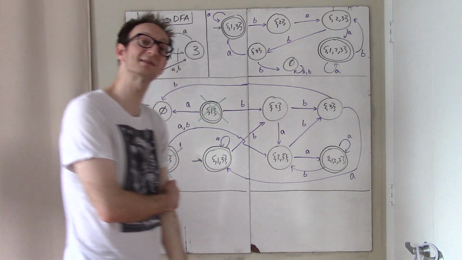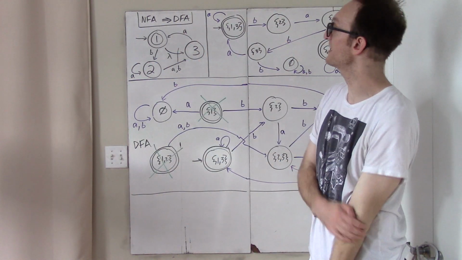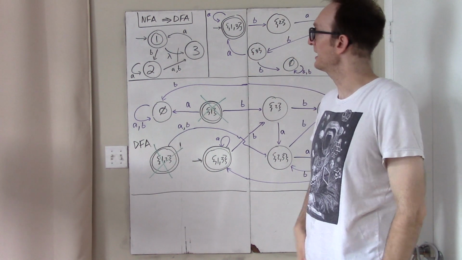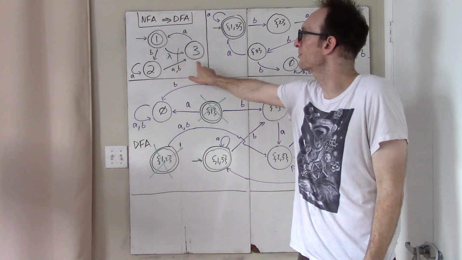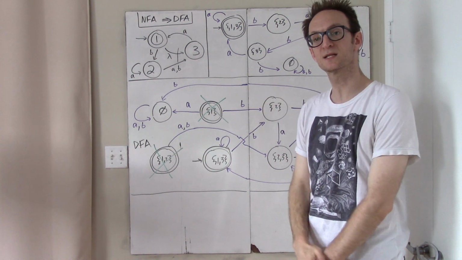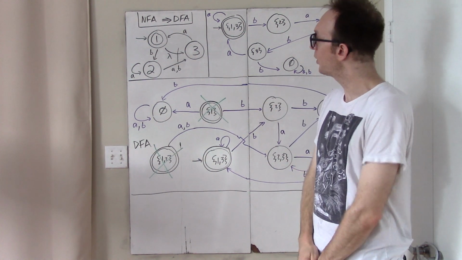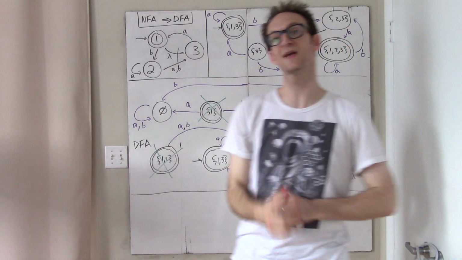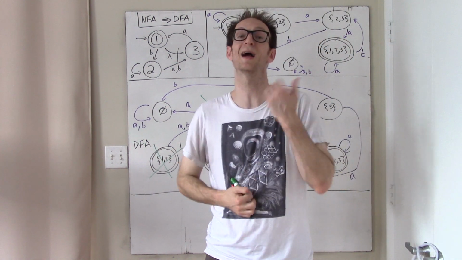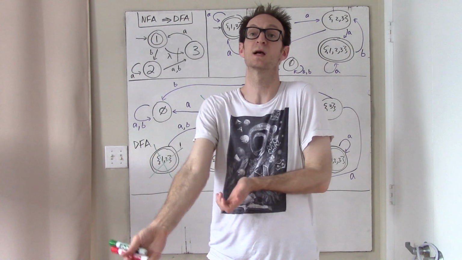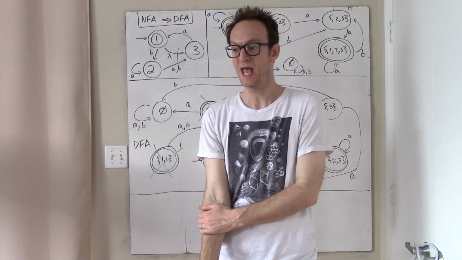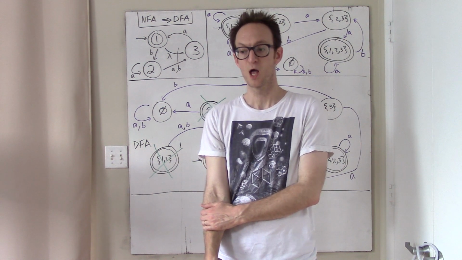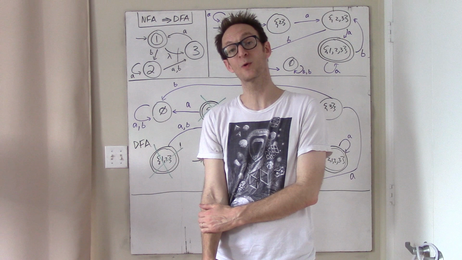Okay, so an upper bound on the number of states you need in your DFA is 2 to the power of the number of states in the NFA. But in practice, it might require far fewer. Okay, good. We now see that NFAs and DFAs are equally powerful in the sense that every DFA is trivially an NFA, and any NFA can be converted into a DFA which does the exact same thing.